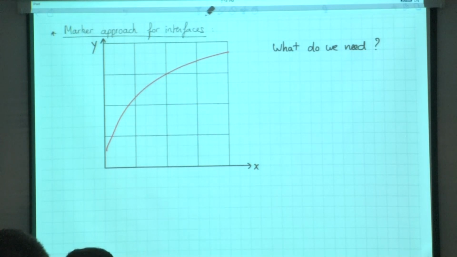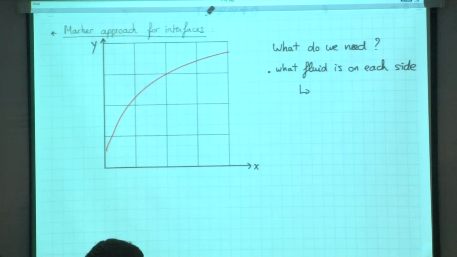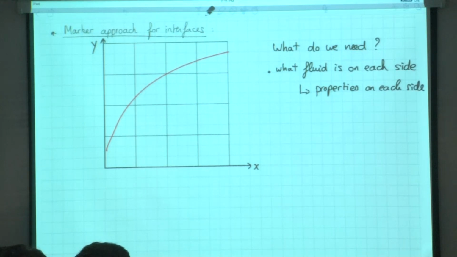That's specifically something that the flow solver needs. And as a consequence of that, the properties of the flow on each side. So density, viscosity. Right, that's not a particularly complicated statement.